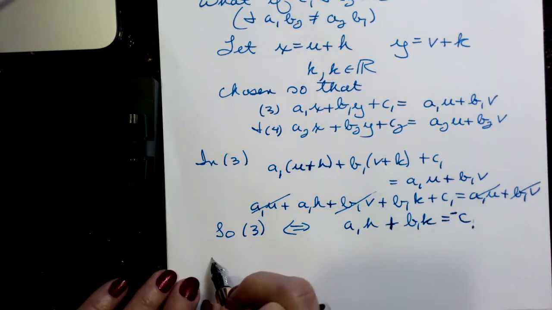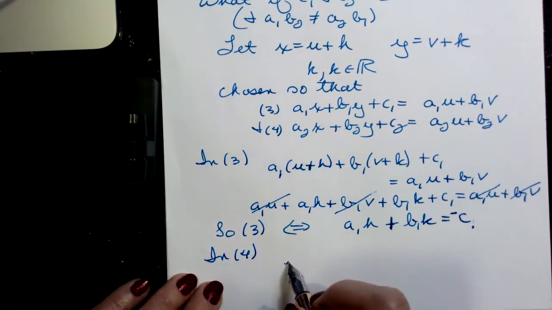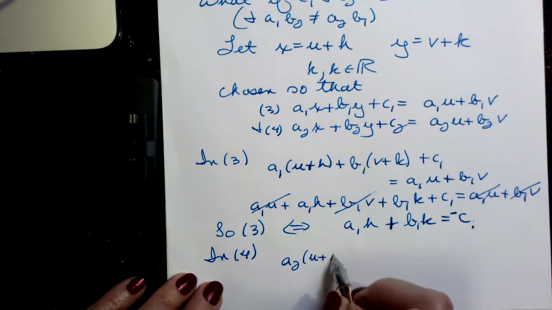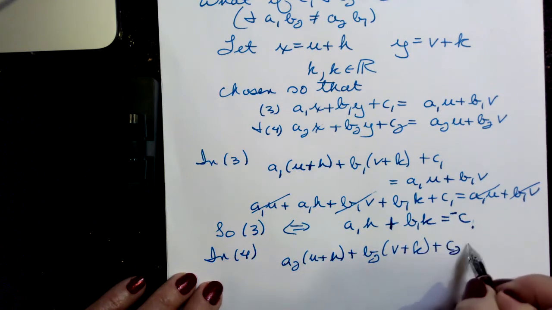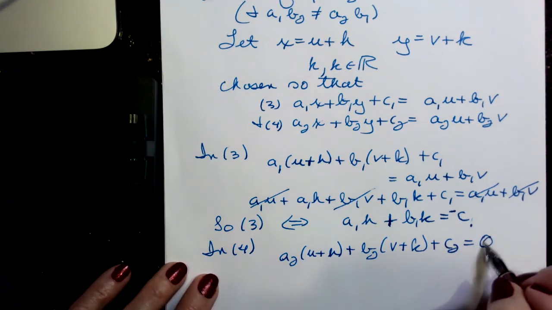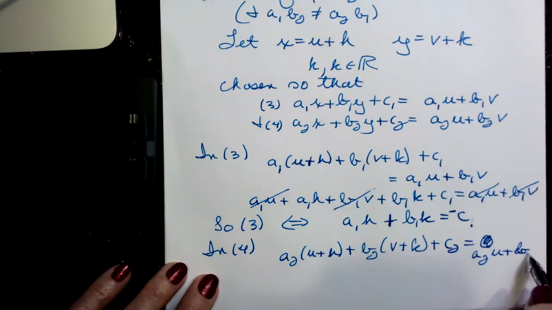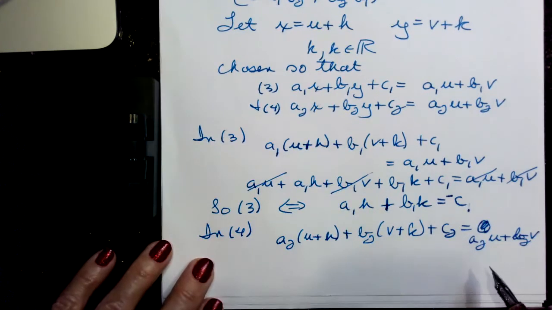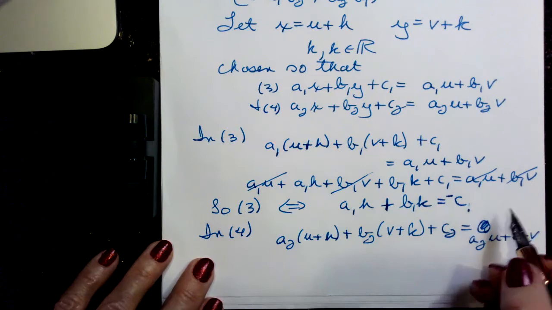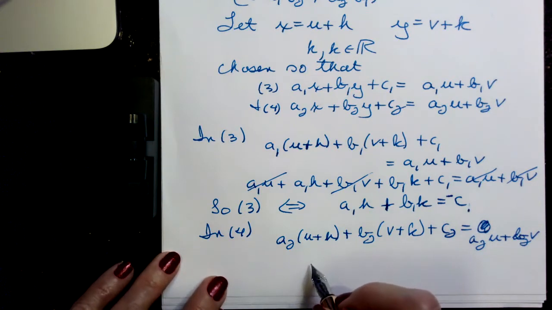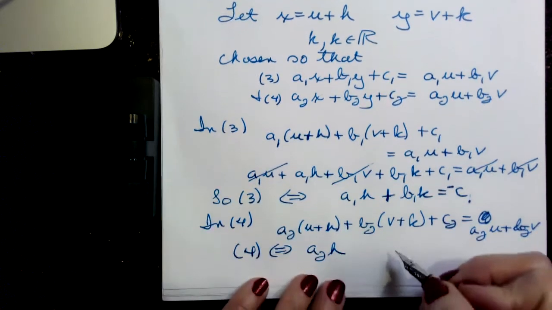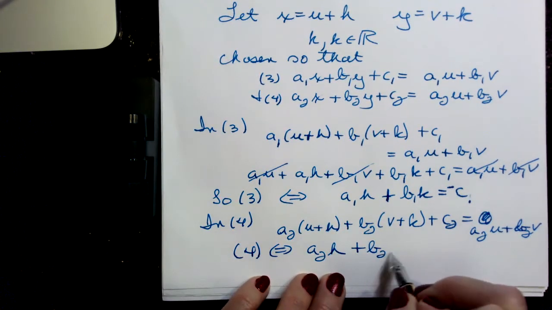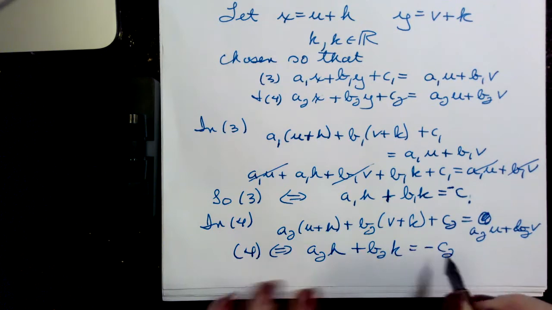A similar calculation for 4 gives me that a2 (u plus h) plus b2 (v plus k) plus c2 has to be equal to, not 0, sorry, it has to be equal to a2u plus b2v. The same sort of expansion will easily show you that 4 holds if and only if a2h plus b2k is equal to minus c2.